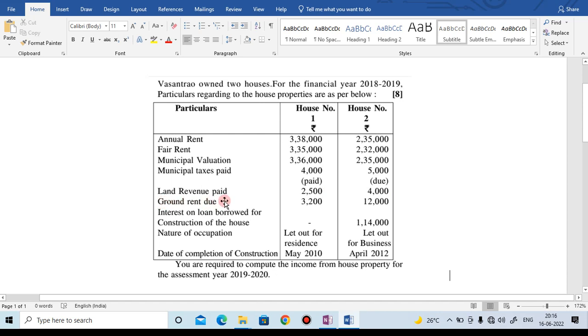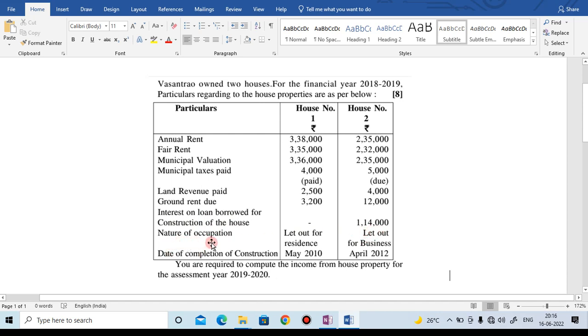Then land revenue paid, ground rent due, interest on loan borrowed for construction of house. For house number 1, interest on loan is not given, and for house number 2, interest on loan borrowed for construction is 1,14,000.